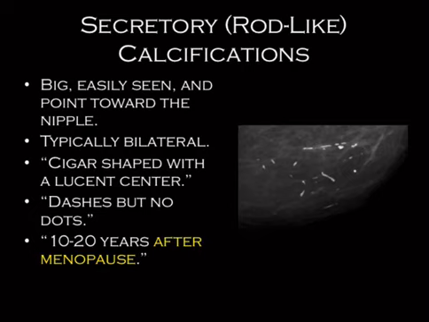They typically point towards the nipple, and they're just big, bulky calcifications that you can see pretty well without having to get mag views. The major take-home point here is that you only see these in somebody who is postmenopausal by a significant amount because, like I said, they happen because the duct is involuting.